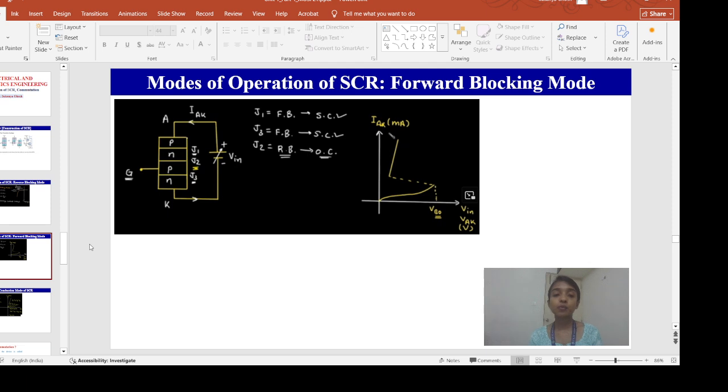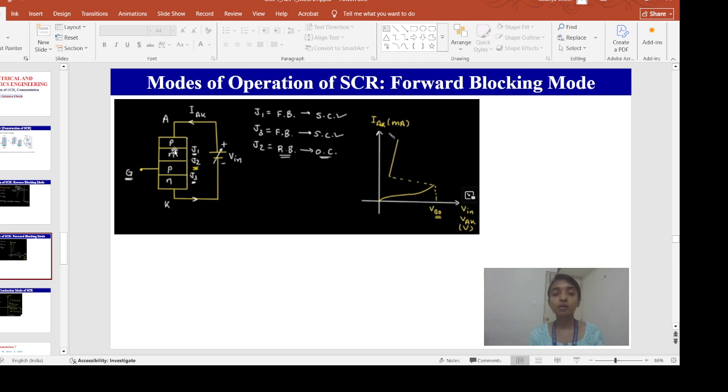Okay, next, what is the next conduction mode? The next conduction mode is the forward blocking mode. Let's see what that is. Here what's new is that the polarity of the battery has changed. Now the anode is connected to the positive terminal of the battery and the cathode is connected to the negative terminal. So in this condition, let's see what will happen to the biasing of J1, J2 and J3.